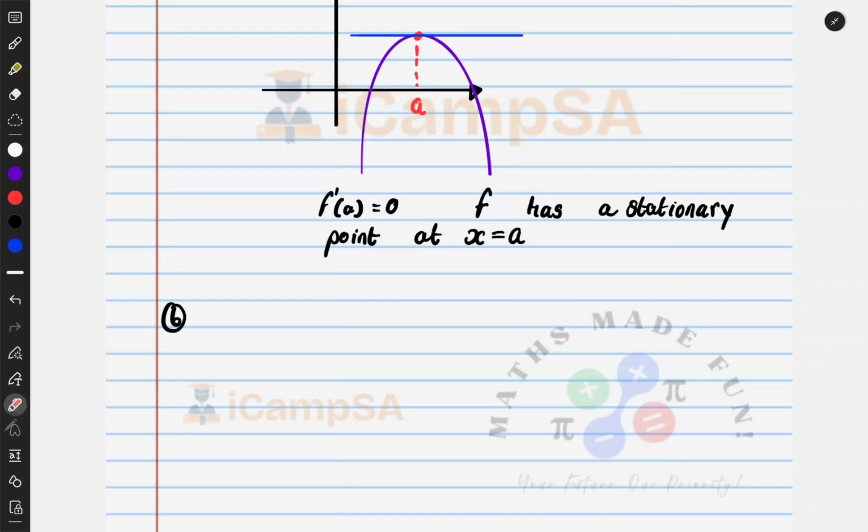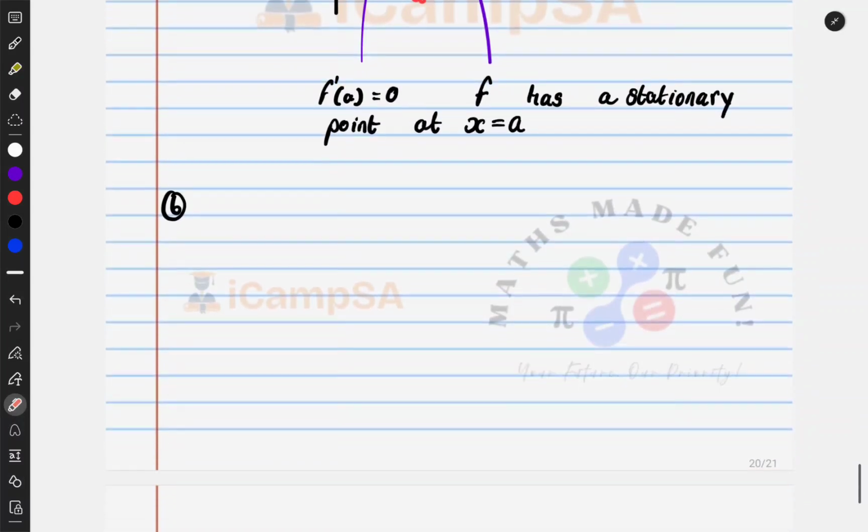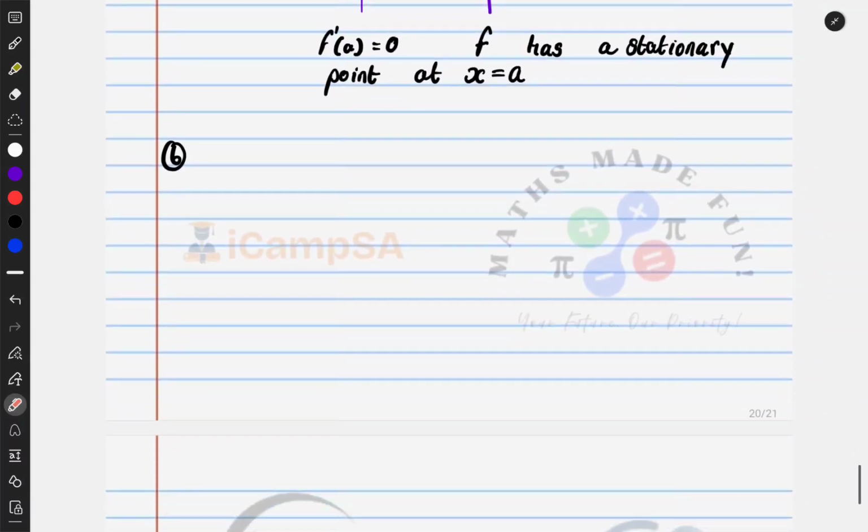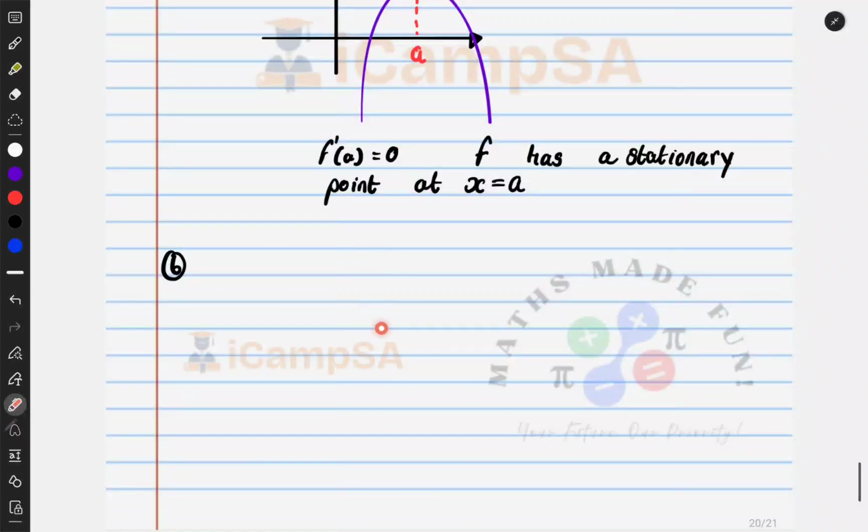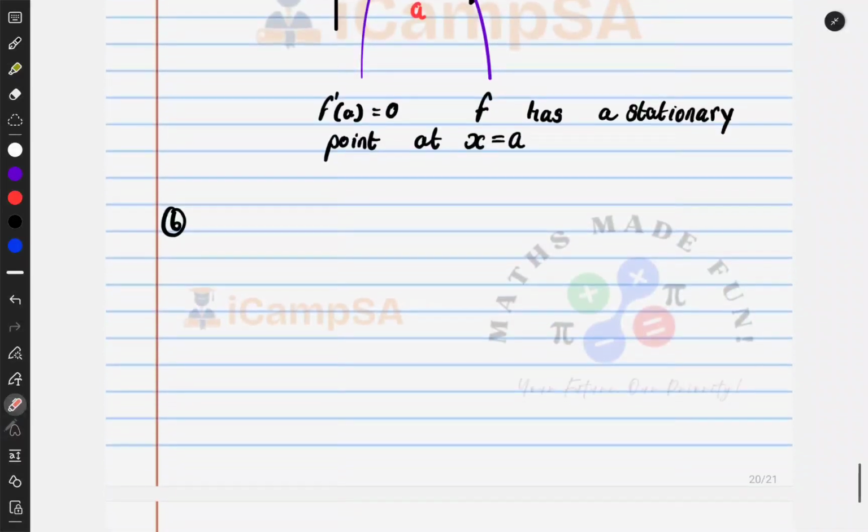We say the function is both increasing and decreasing. We can also have another situation whereby the function is decreasing and then increasing, especially when we're dealing with the parabola.